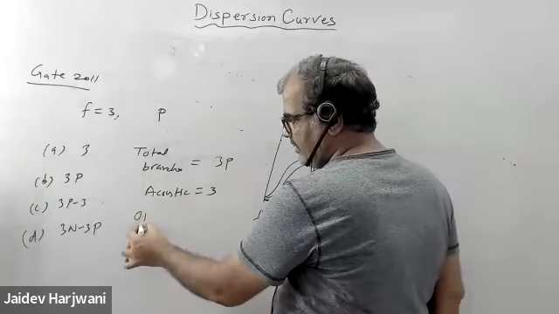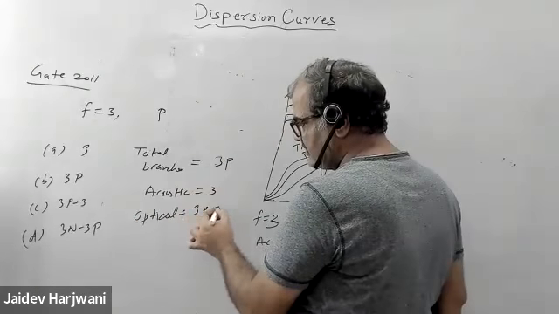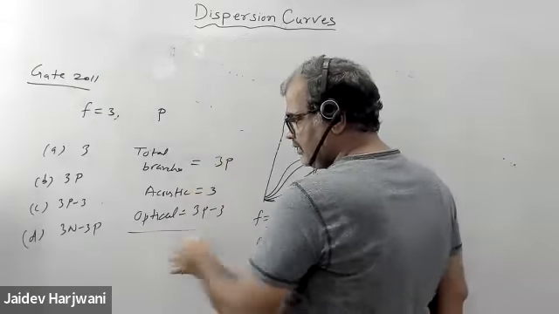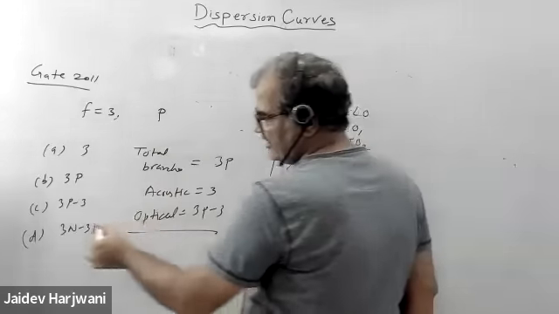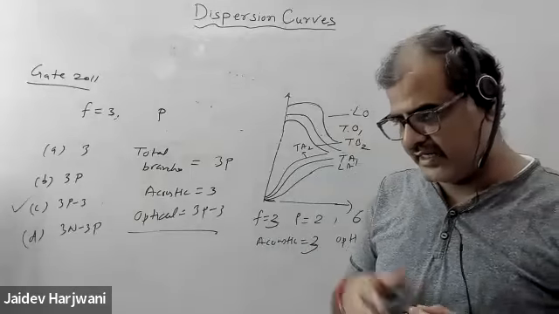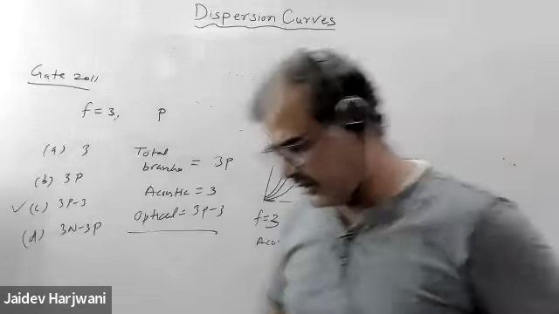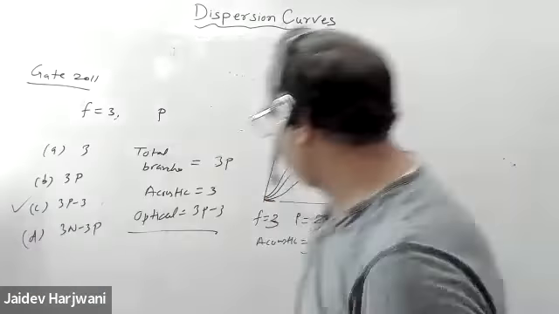And optical will be total minus 3, 3p minus 3. So you're asking how many optical branches are there? So this is this. Are you getting now? As I explained 2-3 times earlier also.